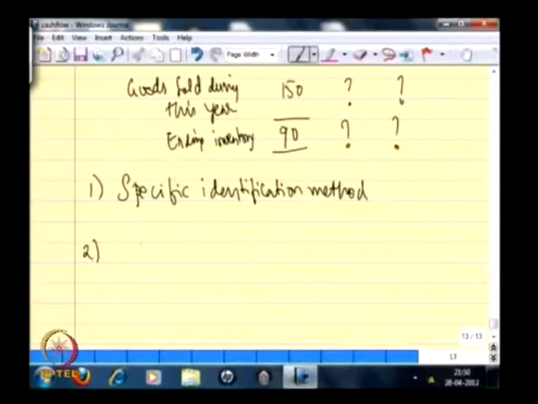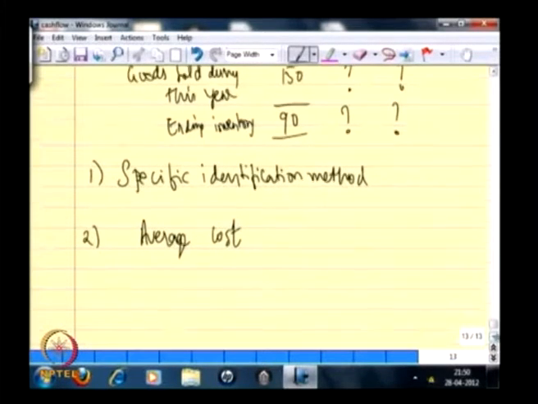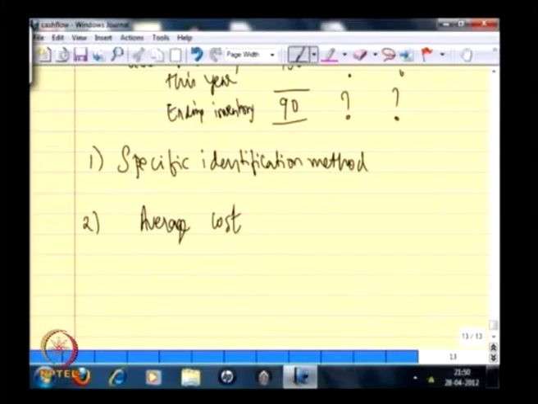Another method that could be adopted is the average cost. Now, what do we do in an average cost? Let us say this example says that I have sold 150 units during this accounting period.